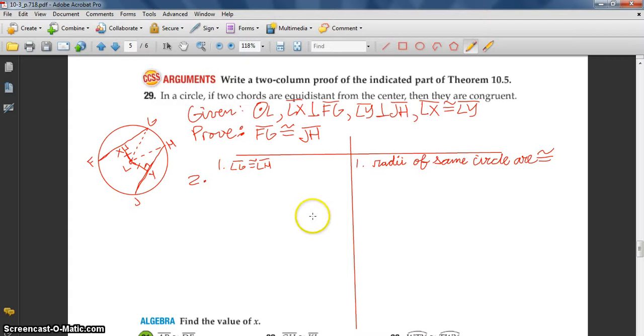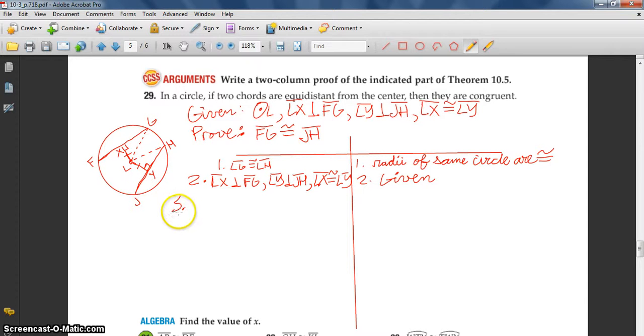Okay, so with that said, let's state all of our given information. So LX is perpendicular to FG, LY is perpendicular to JH, and LX is congruent to LY.